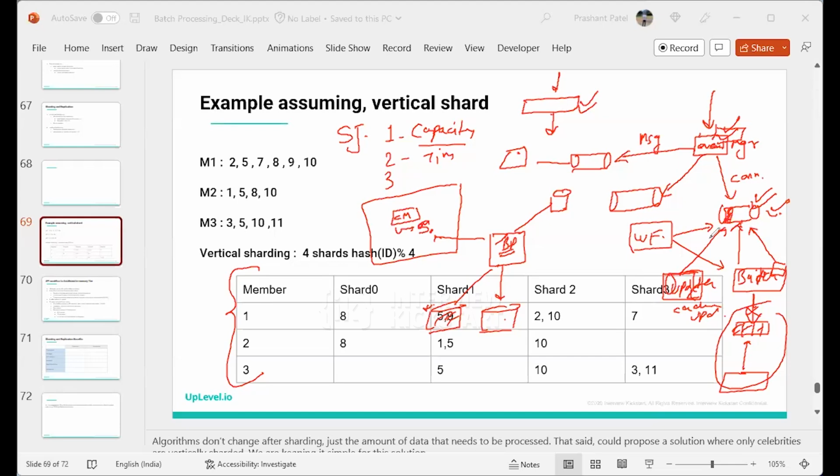So the trigger may be time based, query based, or capacity based, but it is the responsibility of your batch system to identify when the batch should run, not the responsibility of the event manager, because its responsibility is just to put the events.